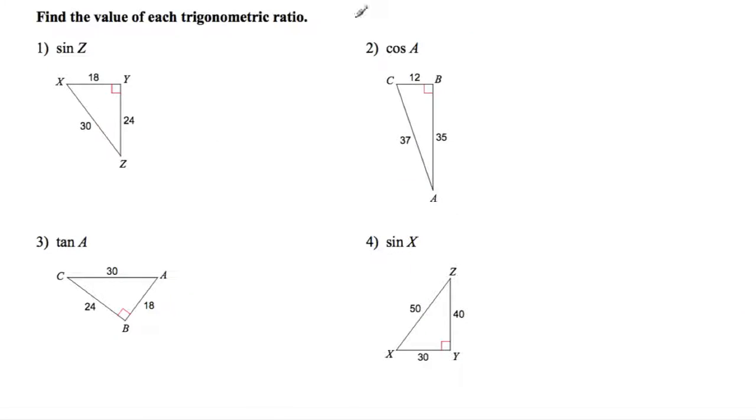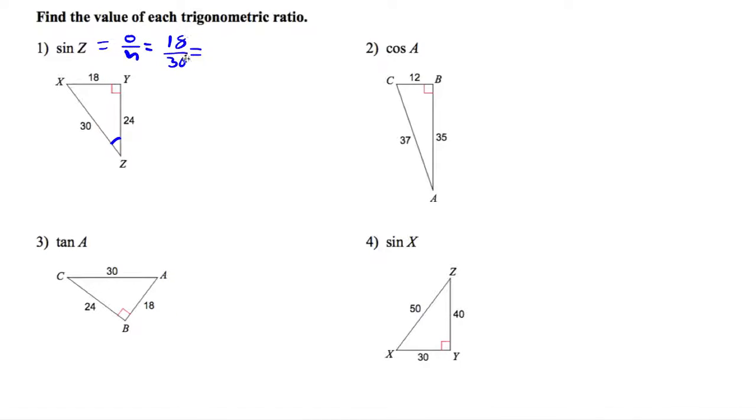So here's what some problems look like. Here, I want to find the sine of Z. My reference angle is Z, and we know that sine is going to be the opposite over the hypotenuse. Looking straight across, the opposite side is 18. The hypotenuse is 30. That's a fraction we can reduce.